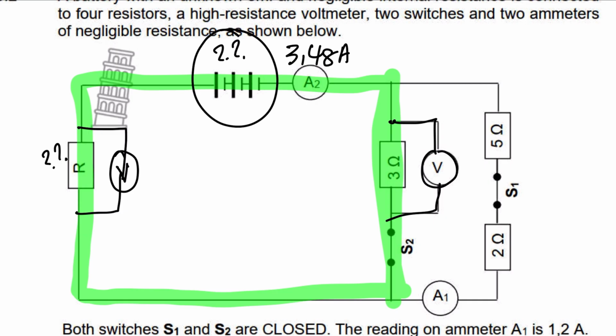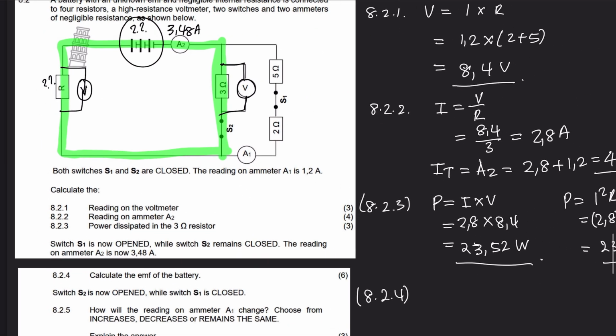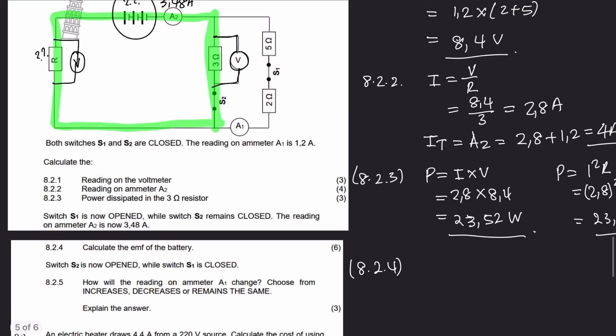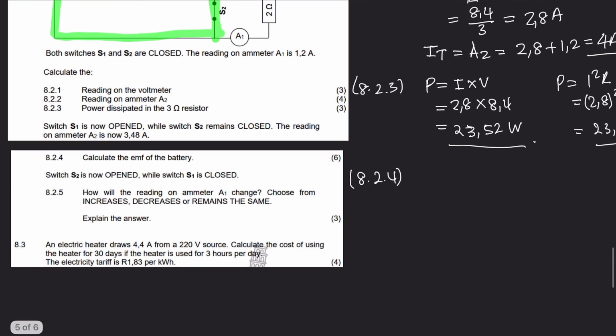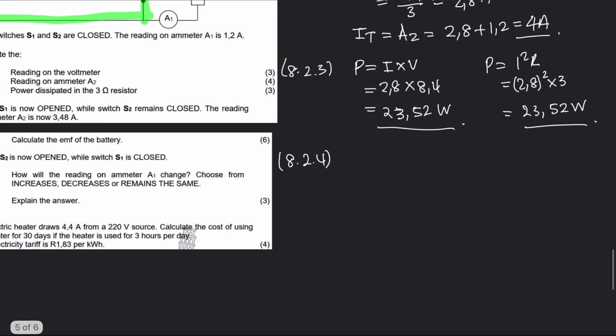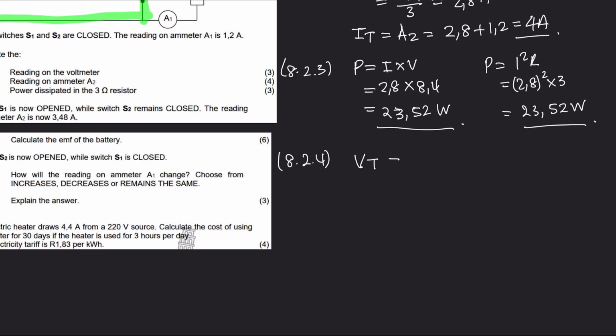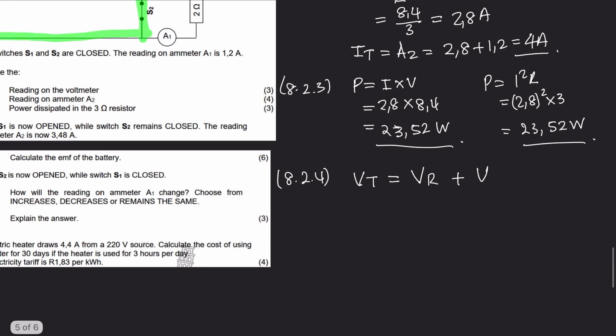That's a basic principle of how the voltage gets distributed in series. So we can create an equation. We can say that the total voltage is going to equal the voltage used up by R plus the voltage used up by the 3 ohm resistor.